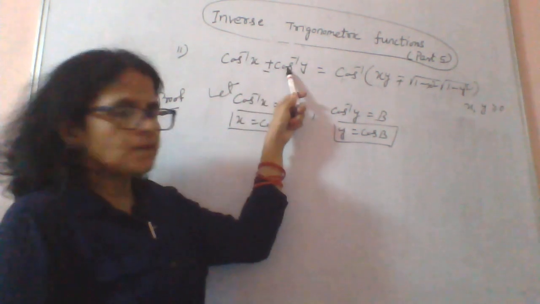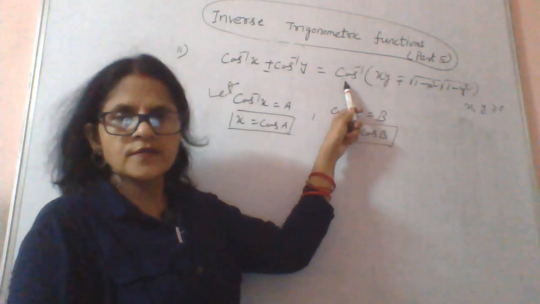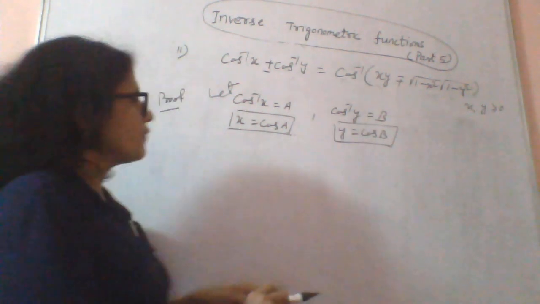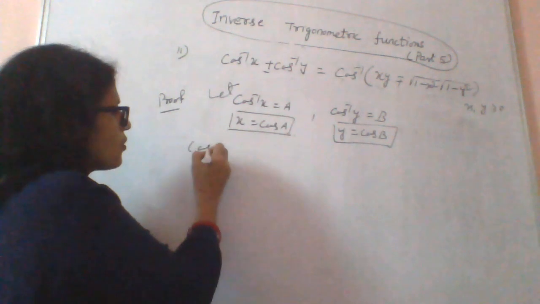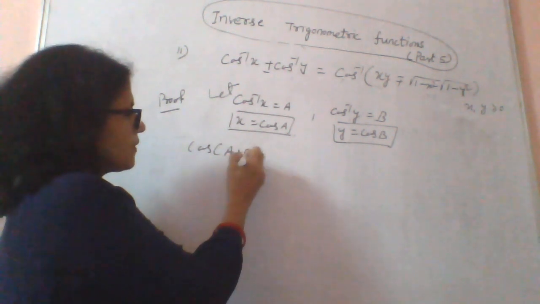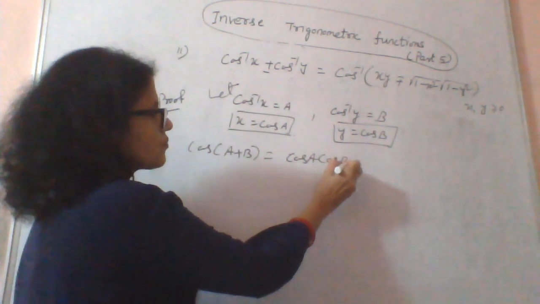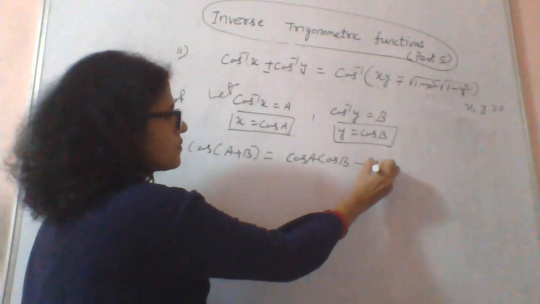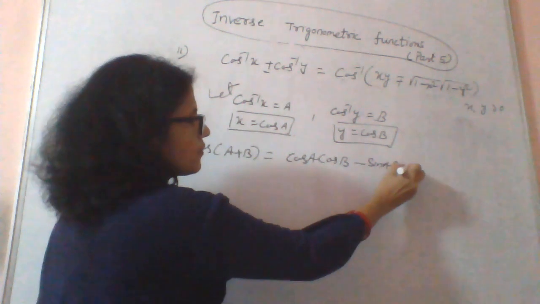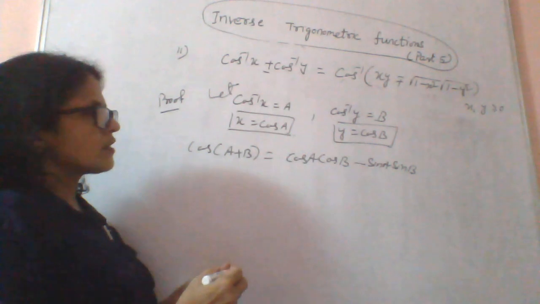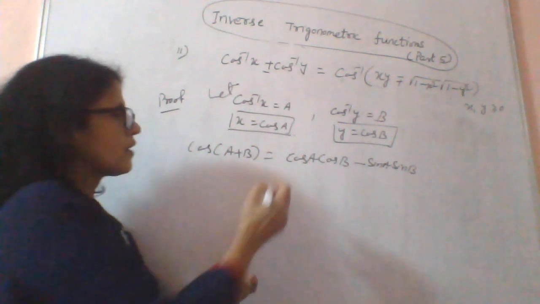So a plus b equal to cos inverse something, and this something will be cos of a plus b. So we start with cos of a plus b, that is equal to cos a into cos b minus sin a into sin b.